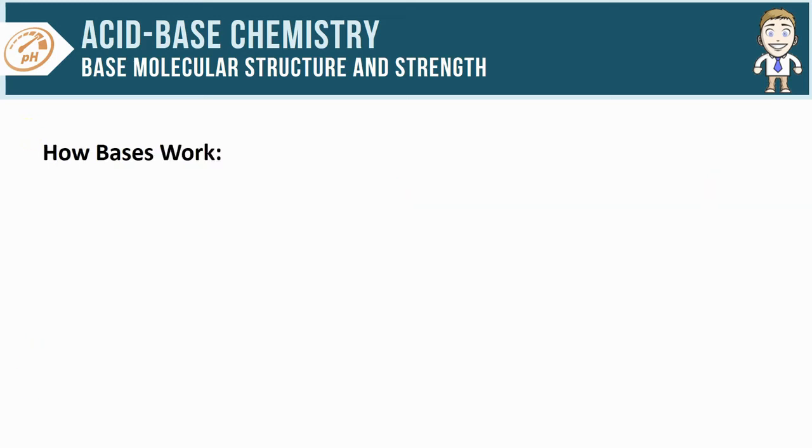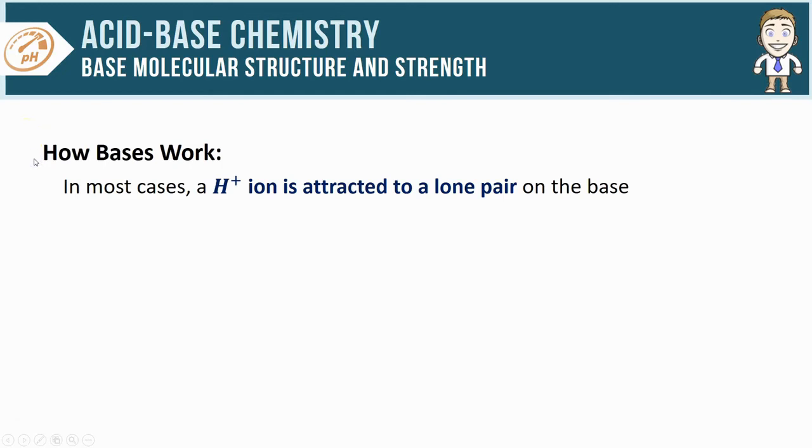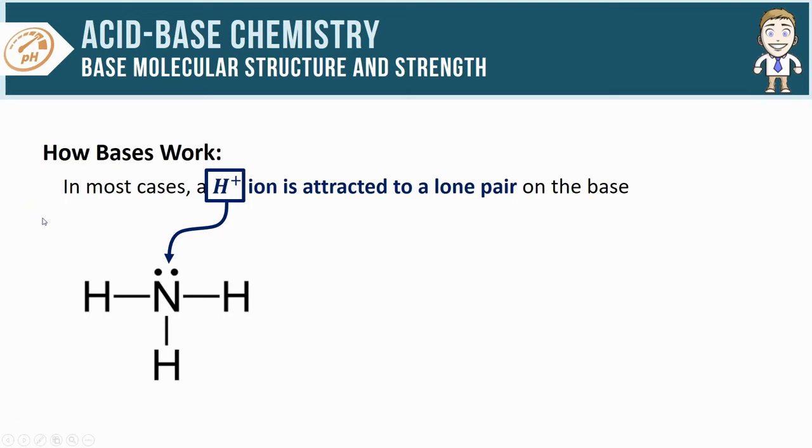We also need to clarify a little bit about how bases actually work. In most cases, that H+ ion is going to be attracted to a lone pair that exists within the molecule of the base. A good example of that is our nitrogen-containing base, ammonia. You can see it has a lone pair on the nitrogen, so my H+ ion is going to be attracted and attached to that lone pair.